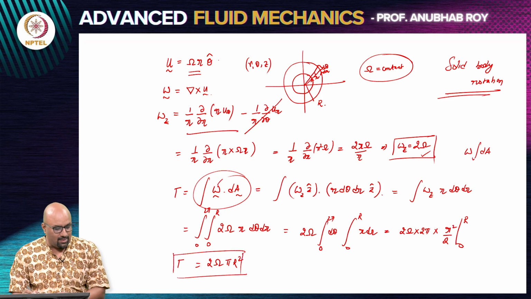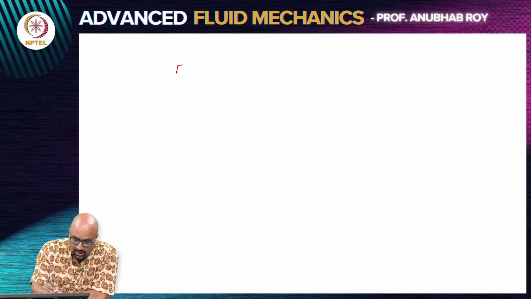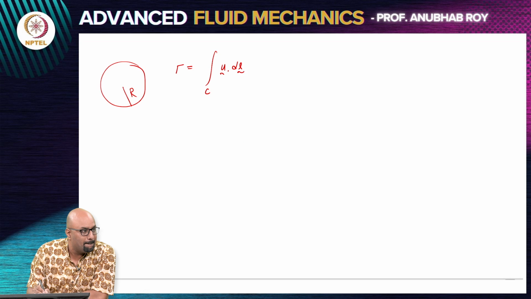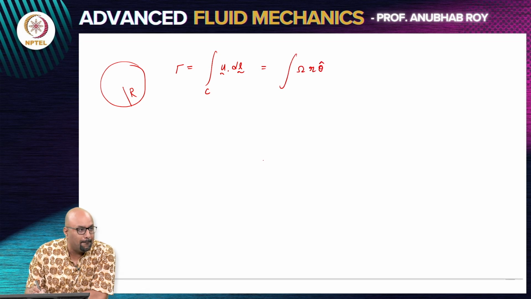Now, would this be the same answer if I were to use the other form of circulation? The other form of circulation says that for the same circle of radius capital R, I will have an integration of u dot dl. Now, what is u? u is omega r theta cap. What is dl?